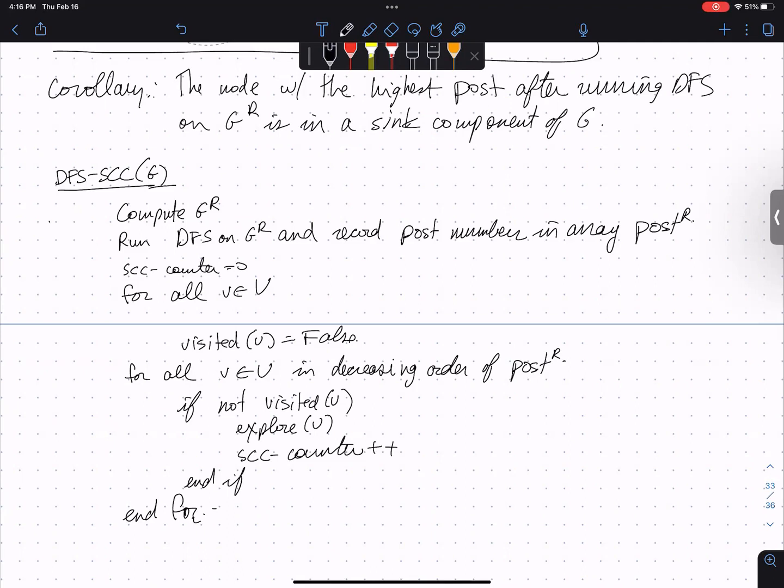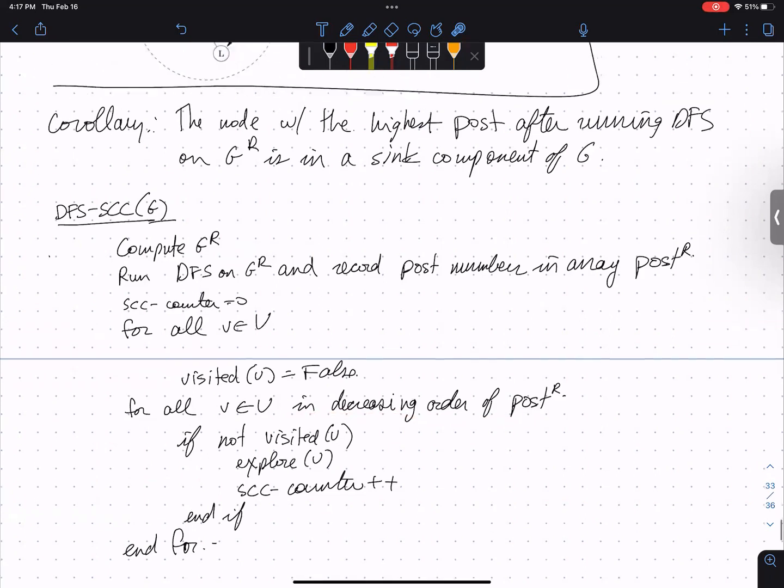Within Explore, when we visit a node, we always mark it with the current value of the SCC counter. So this puts together everything we talked about, that we need to run Explore starting from the highest value of post R, visit everything reachable, and label that as the strongly connected component.